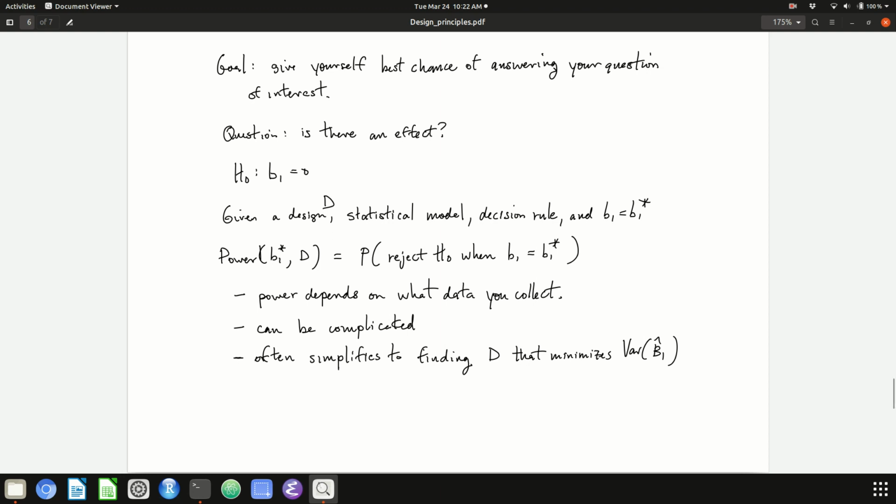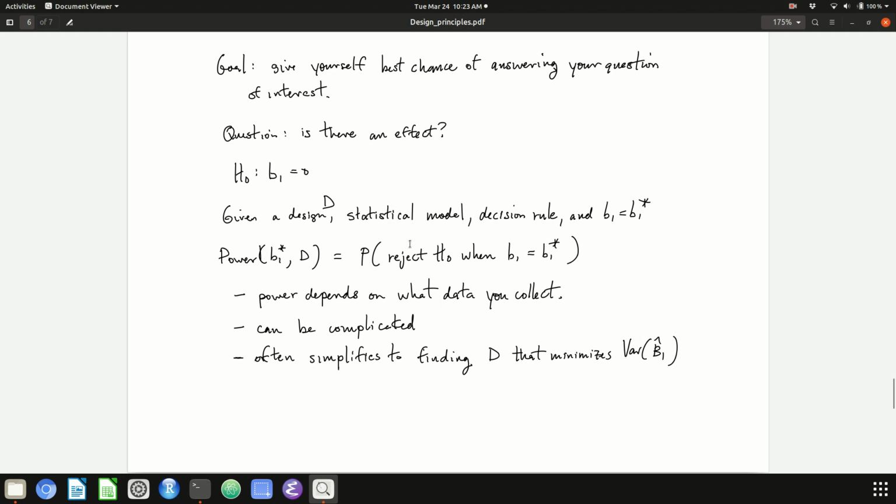The power of an experiment or an analysis is the probability of rejecting the null hypothesis. In this example, the null hypothesis is that some parameter b1 is 0 when the true value of the parameter is something else that's hypothesized.